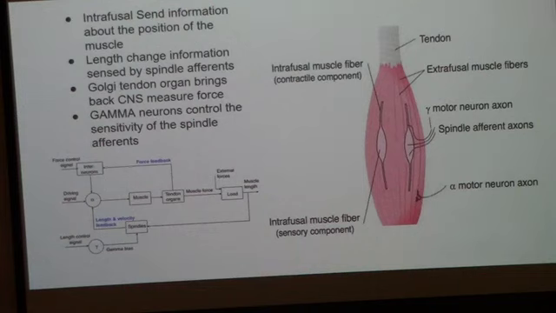These gamma neurons control how sensitive your spindle afferents are, so they change the length, which changes the sensitivity of your spindle afferents to detecting the length. And yeah, those all feed to the alpha neurons. Alpha neurons feed into your muscles, which then causes your muscles to contract.